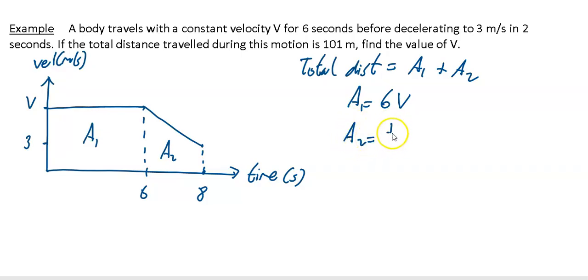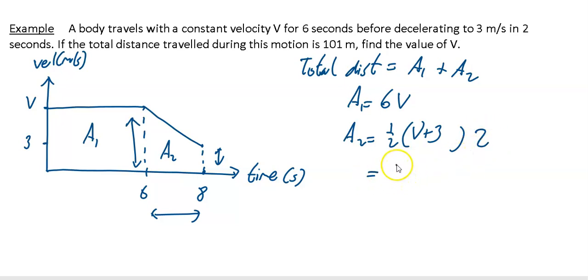And then A2 is a wee bit trickier. It's a trapezium. So half times the sum of the parallel sides times the perpendicular distance between them. This parallel side here is v, and this smaller one here is just 3, so it's v plus 3, and the perpendicular distance between them is the difference between 6 and 8, I should say, which is 2. So if you do that out, you're just going to get v plus 3.